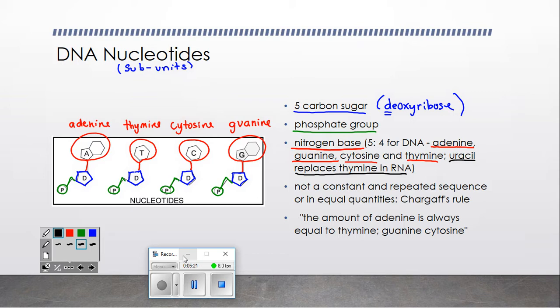If you look at my pictures, and these are just sketches of how it might look if we were going to draw this, you might notice that adenine and guanine kind of look the same. They have the same basic structure, and thymine and cytosine sort of look the same. Adenine and guanine have 2 pieces in their nitrogen base, and thymine and cytosine just have 1.